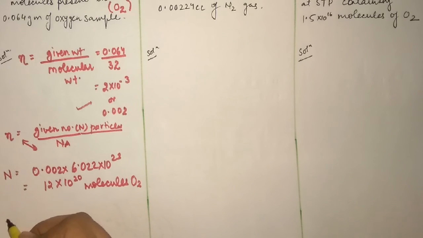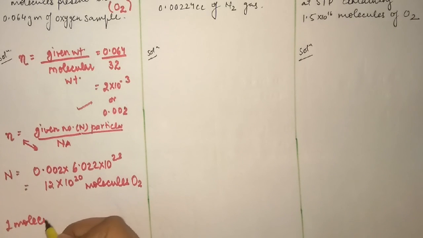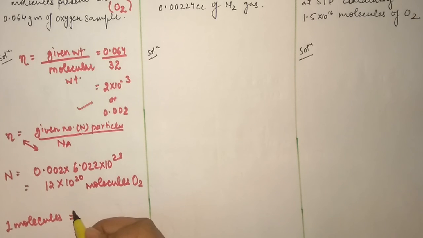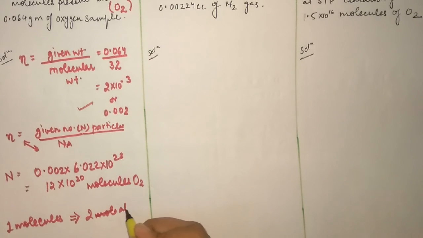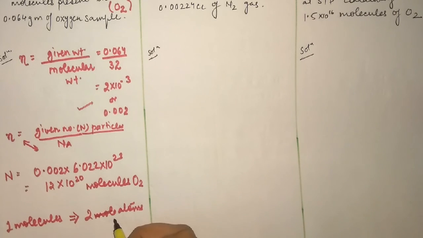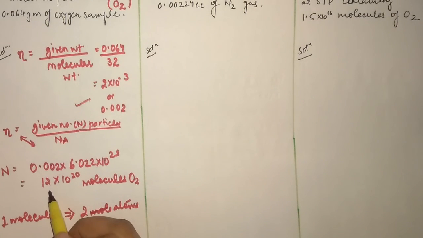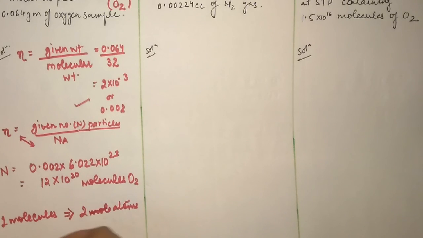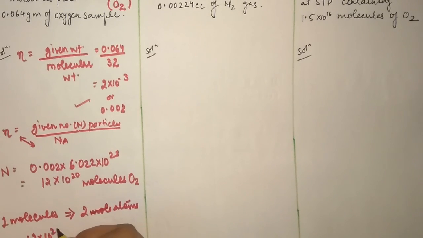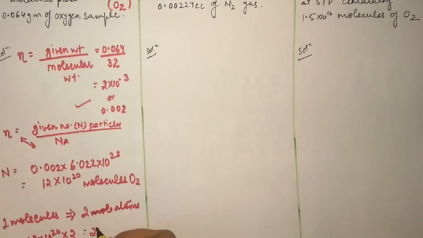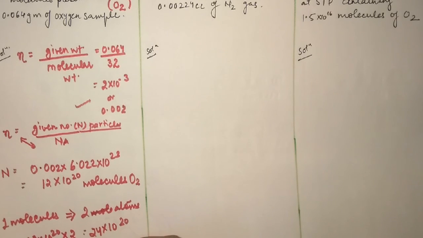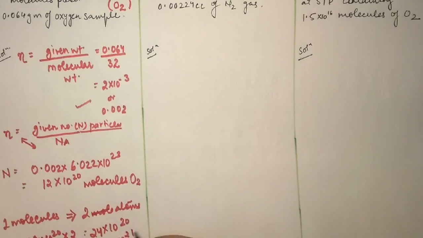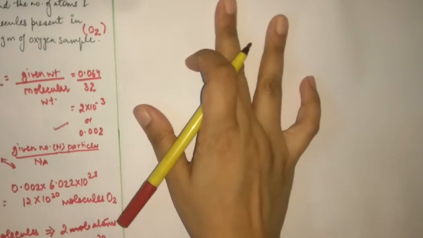And I know that one molecule of O2 contains how many atoms of oxygen? 2 atoms of oxygen, right? So if one molecule of O2 contains 2 atoms of oxygen, then this will become 12 into 10 raised to 20 into 2. Unitary method, 24 into 10 raised to 20, or you can say 2.4 into 10 raised to 21. Yes or no? We can solve this question.